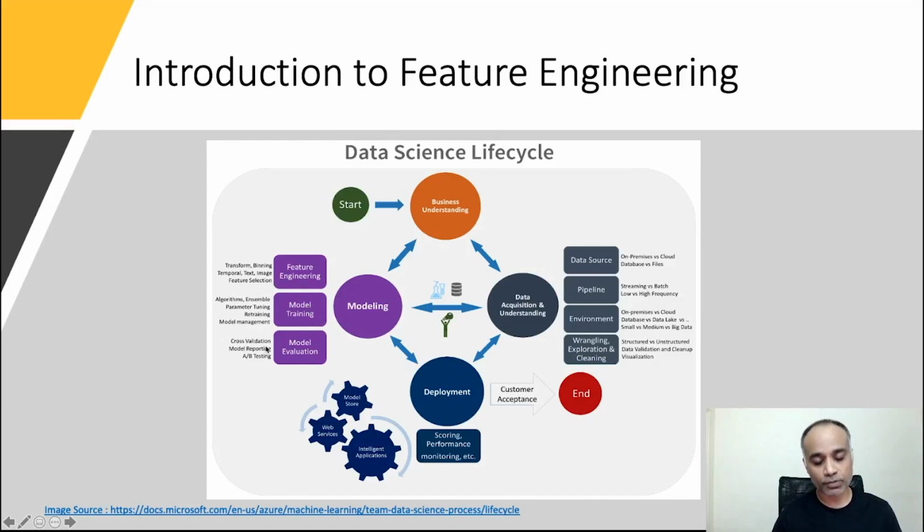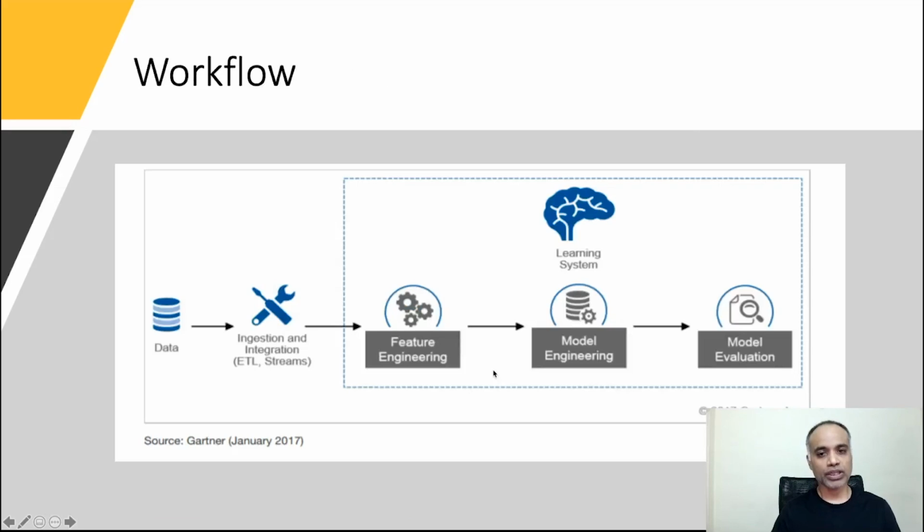We look at the performance of the model, and if the performance is acceptable, then we deploy it to production. So if you look at the whole workflow, we got the data, then we ingest the data, or we do different kinds of ETL transformation to gather the data in one place, and then we apply the feature engineering, and then we do the model engineering.